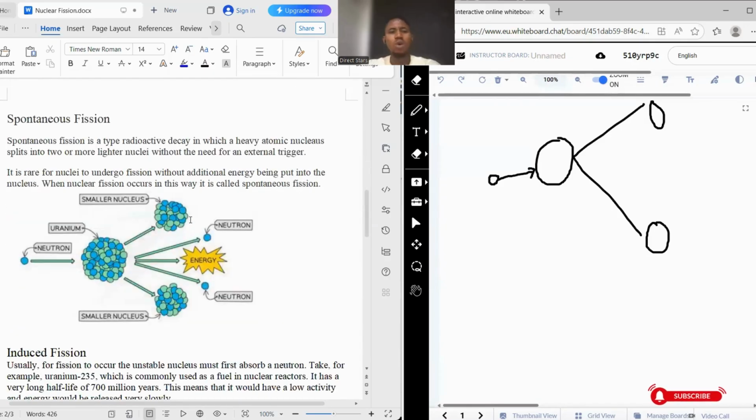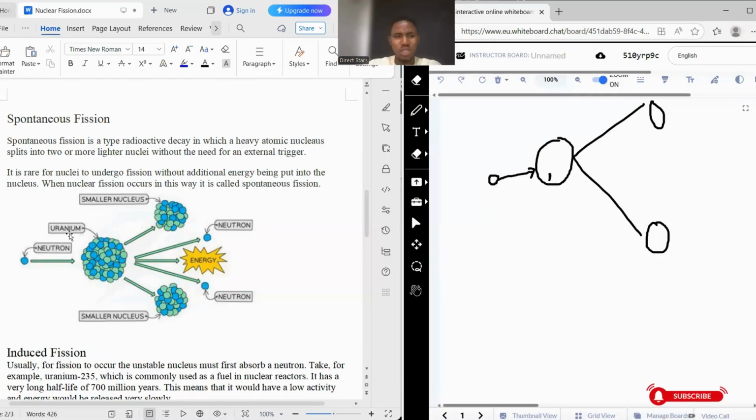Then we have another one, we call it spontaneous fission. Spontaneous fission is a type of radioactive decay in which a heavy atomic nucleus splits into two or more lighter nuclei without the need of an external trigger. What does that mean? Here we have the external trigger, which is coming from the neutron.